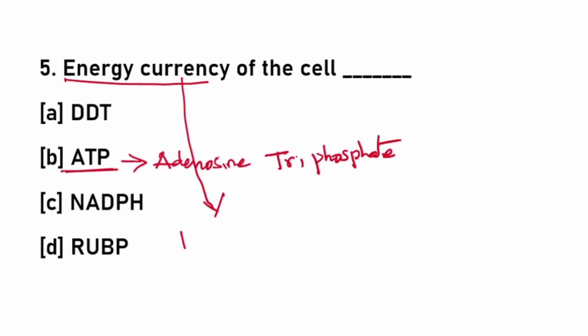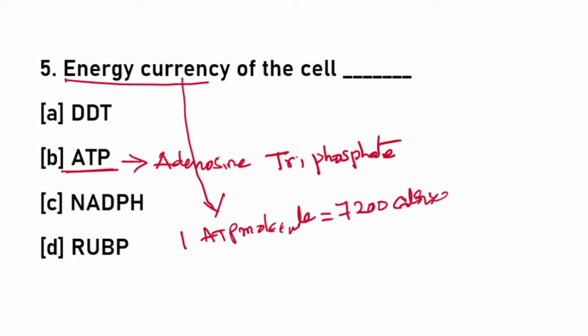Because each ATP molecule is equal to 7,200 calories. Each ATP molecule gives 7,200 calories of energy, and that's why ATP is called the energy currency of the cell.